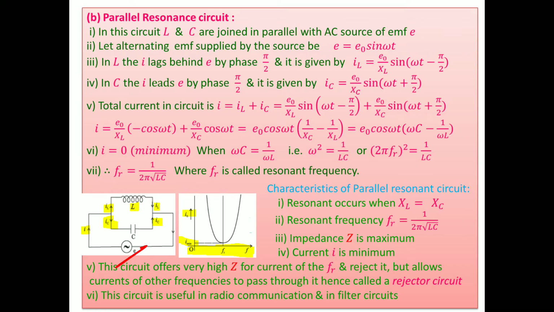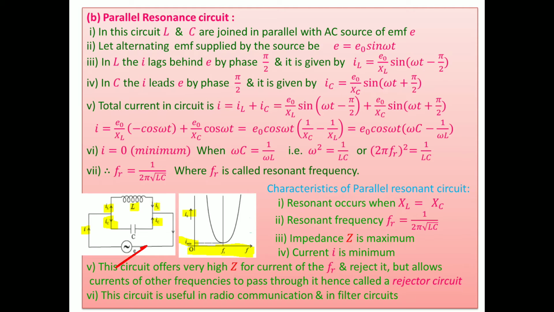For the capacitive circuit, the current leads the EMF by phase angle pi by 2, and it is given by IC equal to E naught upon XC sin omega t plus pi by 2. Thereafter, total current according to Kirchhoff's law, I equal to IL plus IC, or E naught upon XL sin omega t minus pi by 2 plus E naught upon XC sin omega t plus pi by 2.